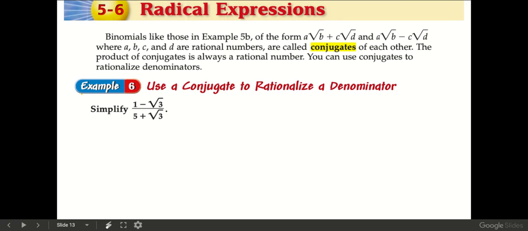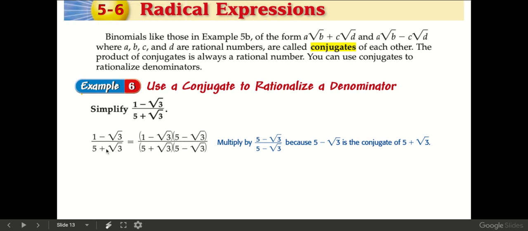Now if I wanted to rationalize this denominator, I would want to get rid of this radical, and I can't do it by just multiplying by radical 3, because then I would end up having a radical over here. So what we do is we use this thing called a conjugate, and the conjugate is essentially the same exact expression, but instead of the addition, you're going to have the subtraction.